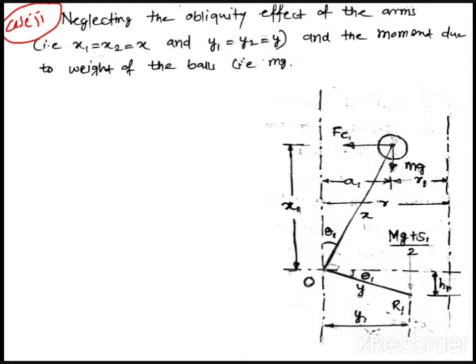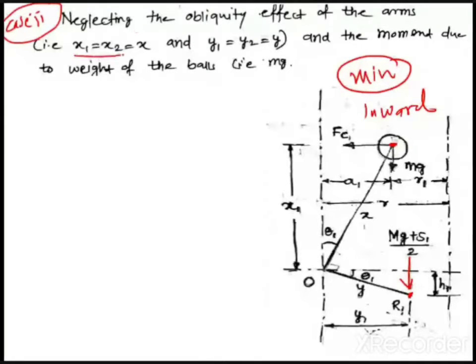So neglecting the obligatory effect, now this is the minimum position diagram, right? See, mg is inward. So mg is moving inward, and at this R1 point, where you have mg plus s1 upon 2, this is nothing but a vertical downward force. So this is called the minimum position. What are you considering in neglecting the obligatory effect?